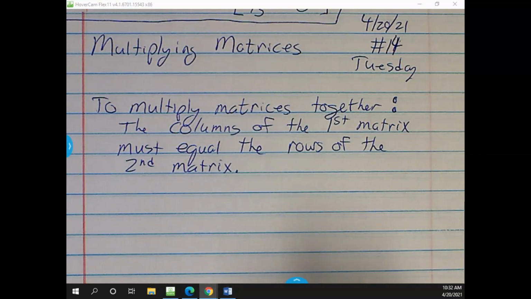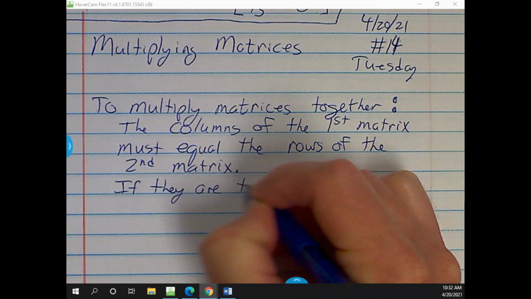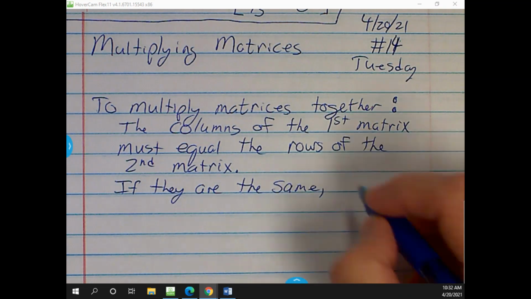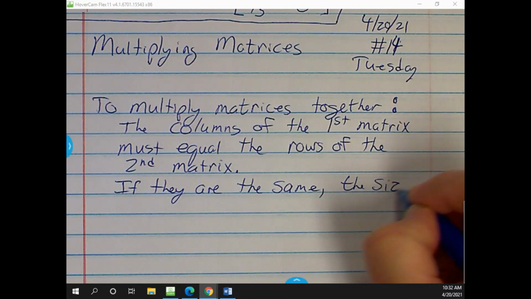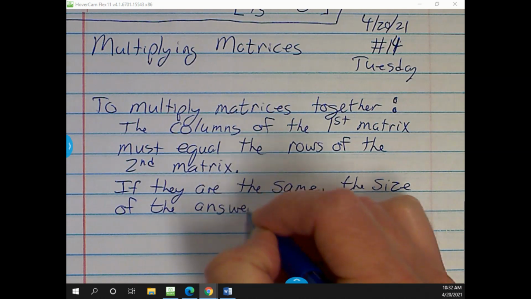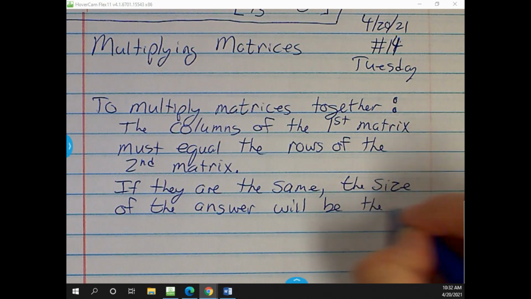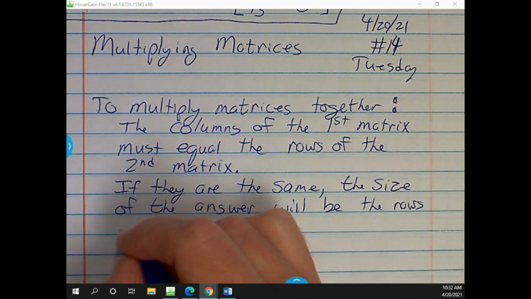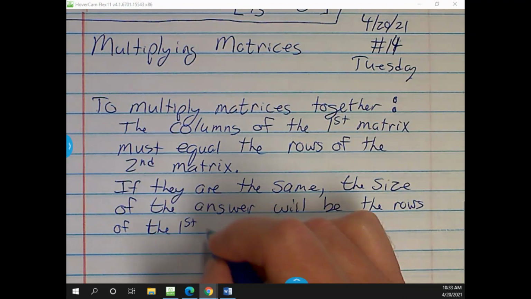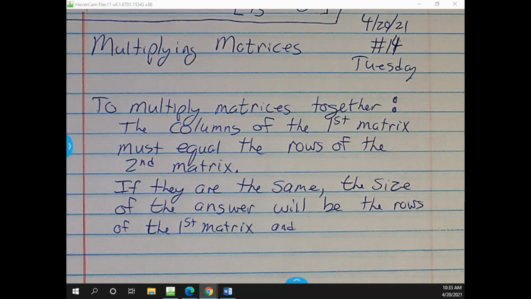If they are the same, the size of the answer will be the rows of the first matrix and the columns of the second matrix.